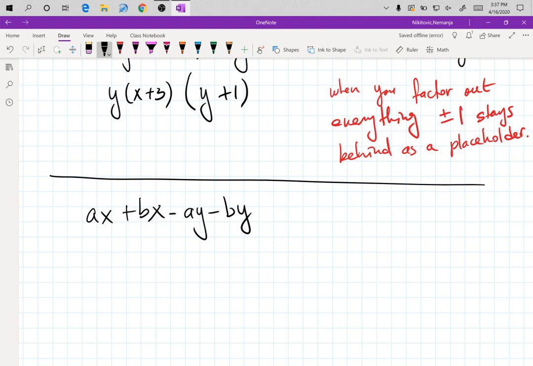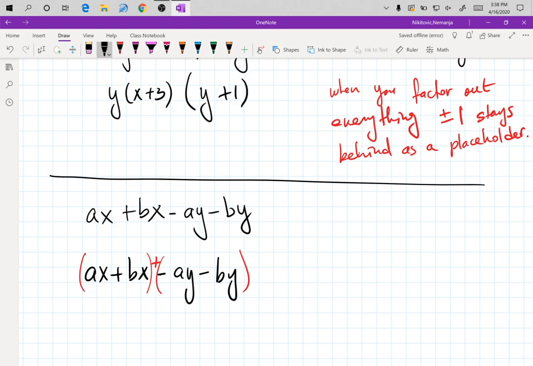Actually, I don't want to factor x from the first because then the problem is ruined. So ax plus bx minus ay minus by. And we put the parentheses to group, and we put the plus in between because the minus belongs to the a.